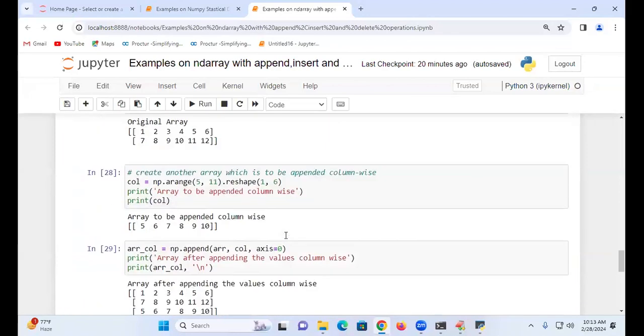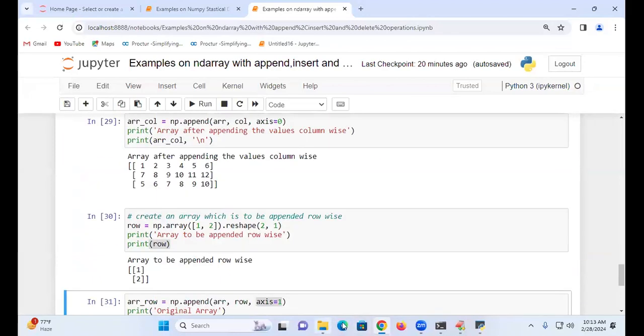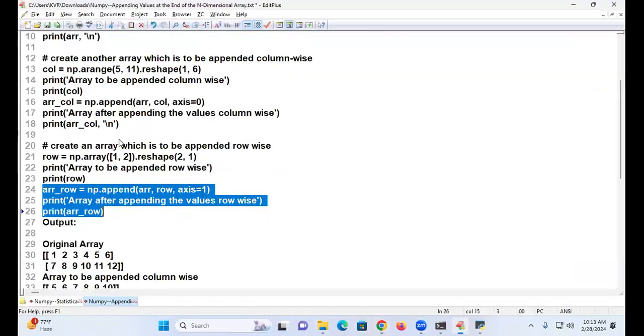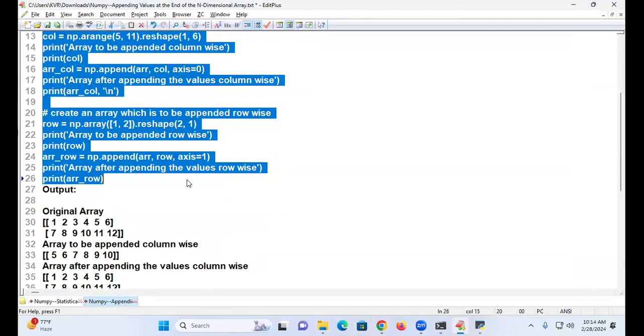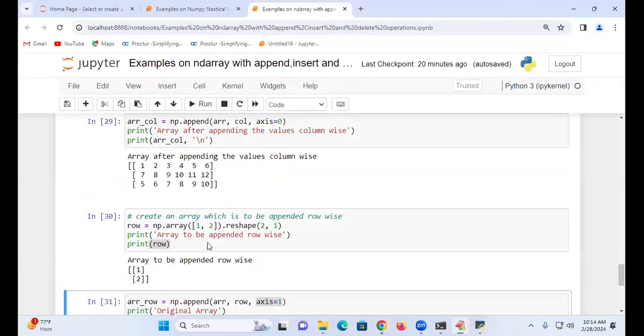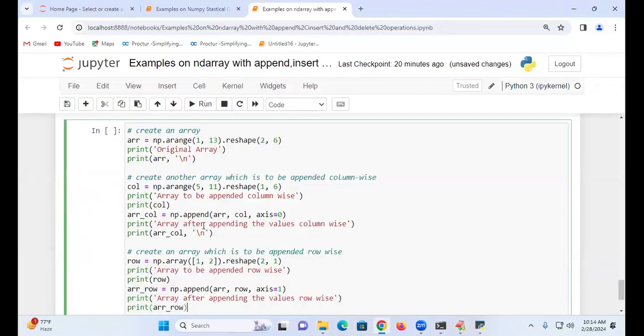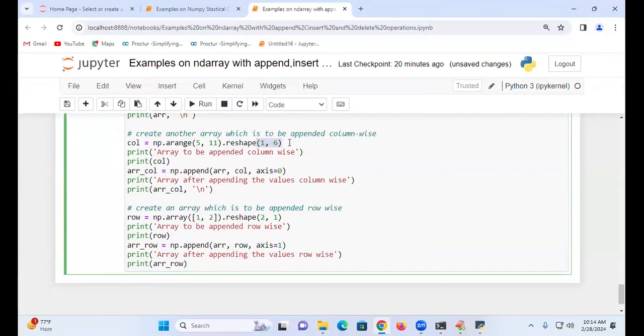The overall picture is, if you want to get the complete code, what I just specified here, I'll get it. So the complete picture is this: creating an original array of 12 elements, 2 into 6, 2 rows and 6 columns. And this is 1 into 6, 1 row with 6 columns.